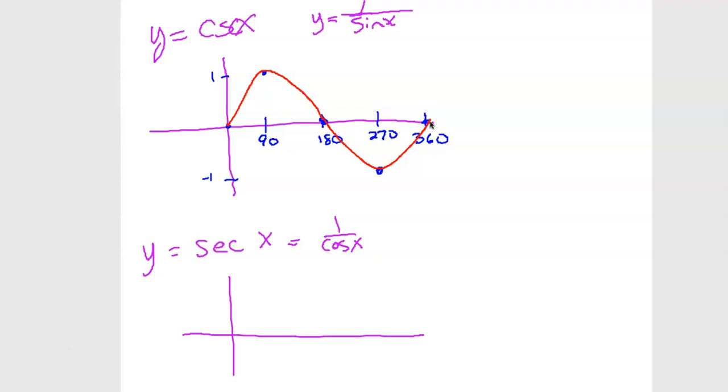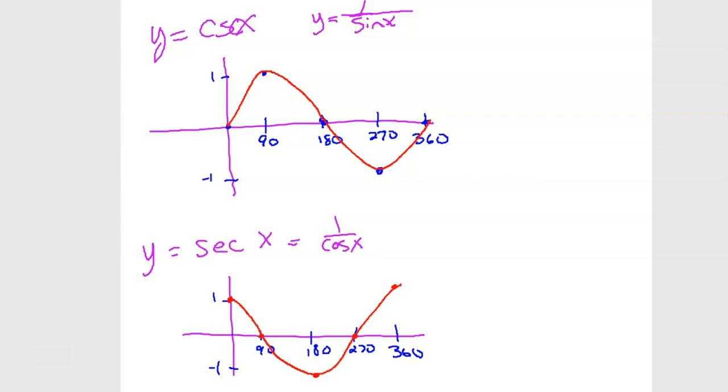Likewise with the cosine function, you have 360, 180, 90, 270, 1, negative 1. But the cosine starts here. Okay, so that's the normal sine and cosine function.